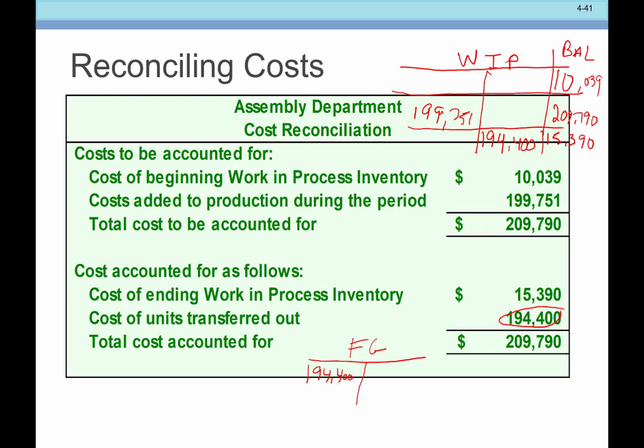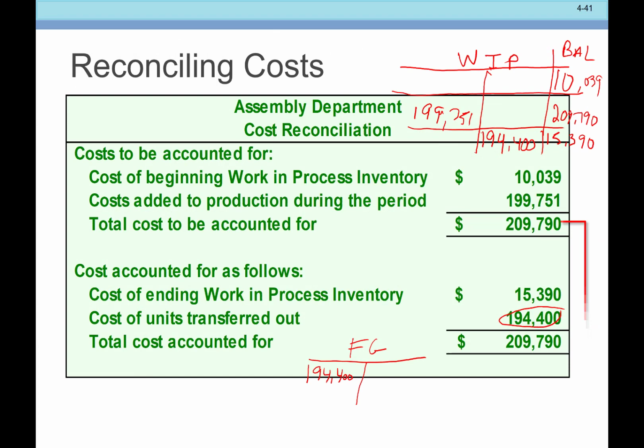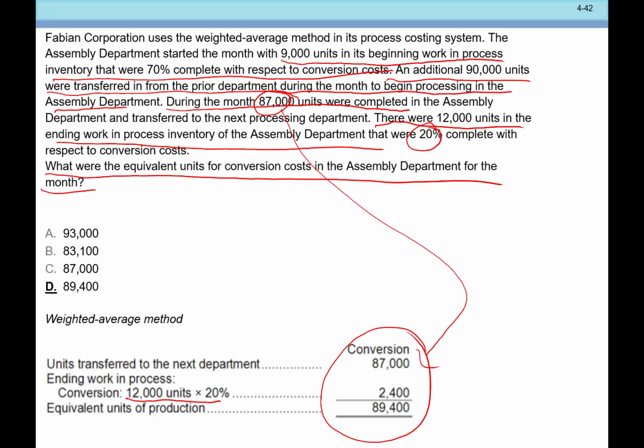And I would just use this calculation that they showed me here of how to come up with the cost using the cost per equivalent unit for ending inventory as a simple check figure to make sure that I've done my work correctly and it ties up and I'm good to go.